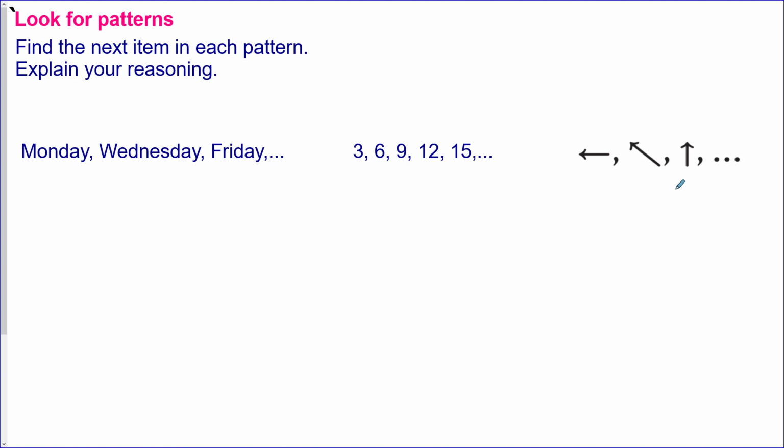Okay, hopefully you've paused and now we are resuming the video. For this example, hopefully you came up with the next sequence, which is going to be probably Sunday. So if we look at this as every other day, the day that follows Friday is Saturday, and the day after that would be Sunday.